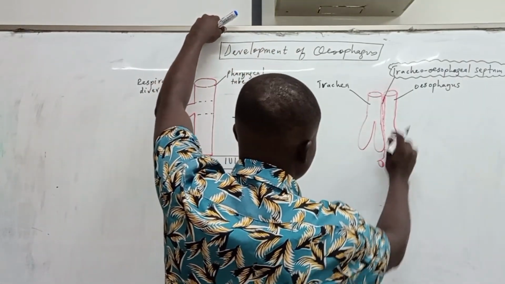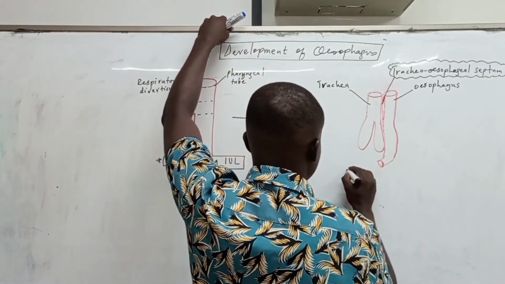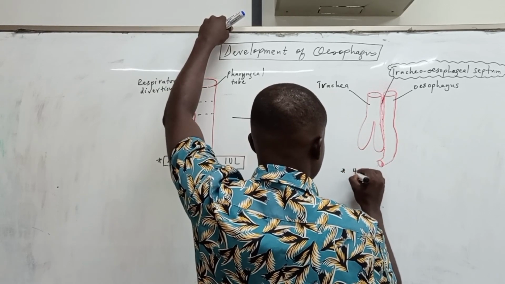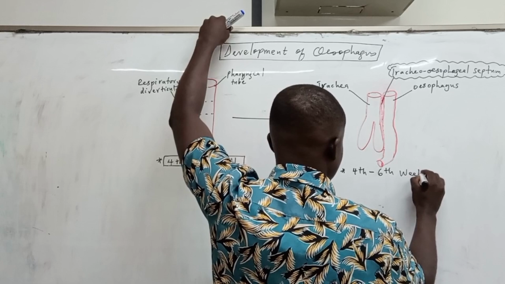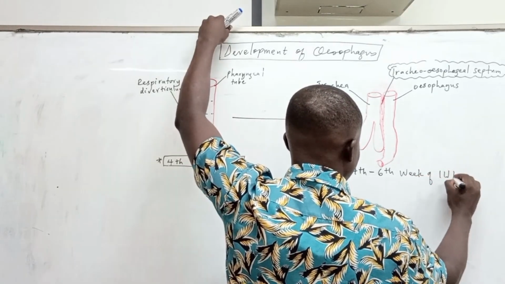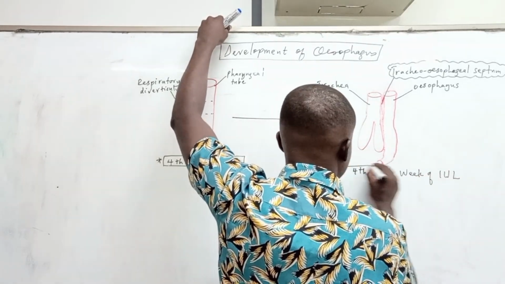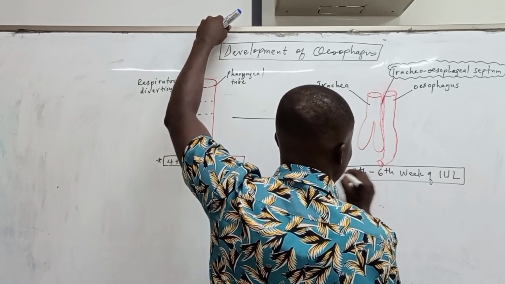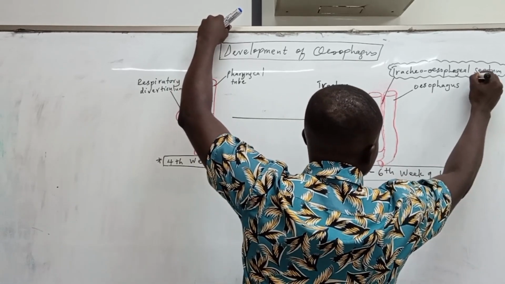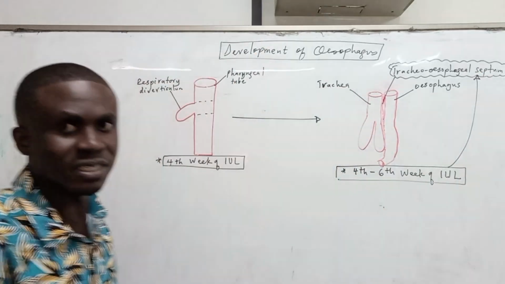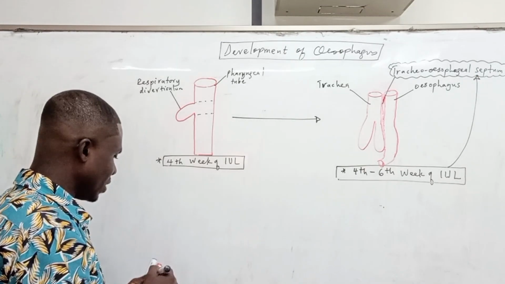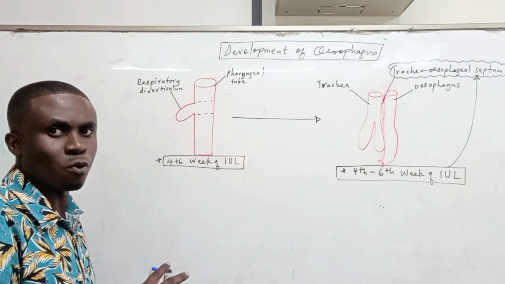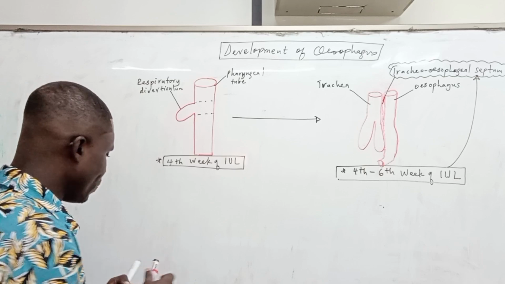Let me say at this point we formed, around the 4th all the way to the 6th week of intrauterine life, the key point over here is that there's that kind of septation taking place, and that's what I want you to know. Continuing from there, there's going to be that kind of complete separation. Complete separation.